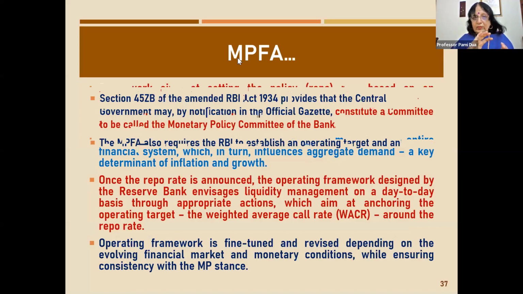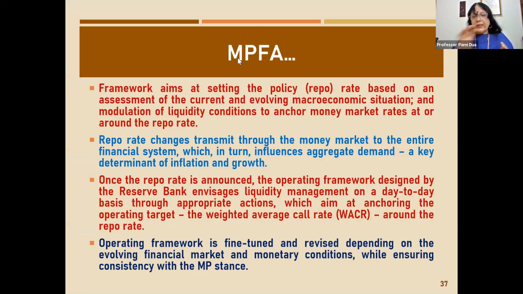Then at this rate, it makes sure that the operating target, which is the weighted average call money rate, stays around the repo rate. And it makes sure it stays around the repo rate with liquidity management, which is done on a day-to-day basis.